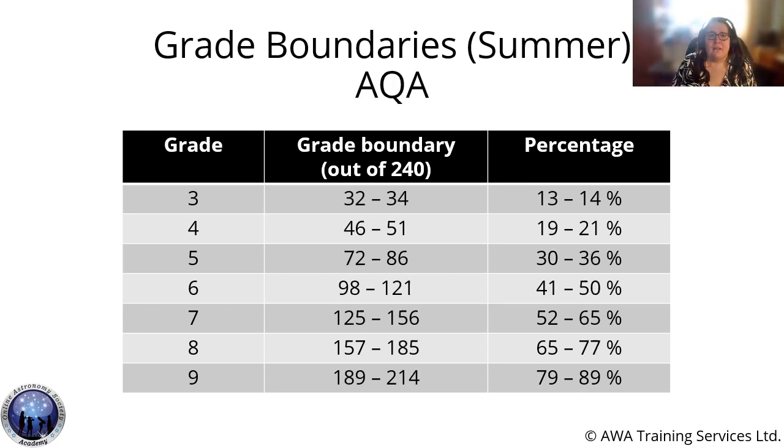And on this slide, we've got the grade boundaries for the AQA papers. These are very similar, especially the lower end of the boundary. The top end is higher, so this is another reason why I recommend doing Edexcel if you can choose.